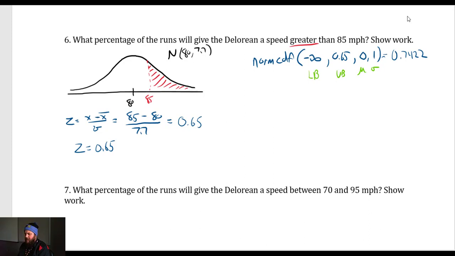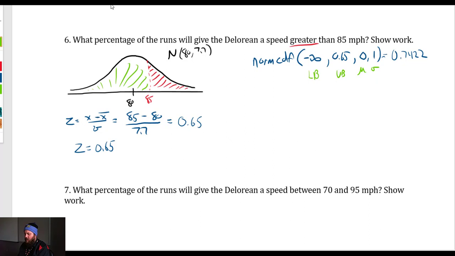Now with that, remember we went from negative infinity, the lower bound, to an upper bound of 0.65. So what I just found was the percentage here, everything in green. Did we need that? No, we wanted greater than.